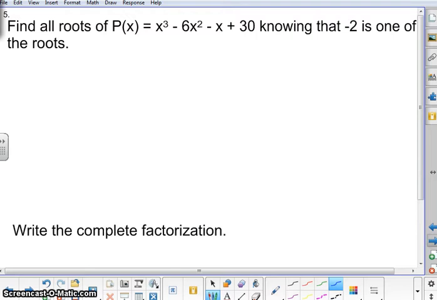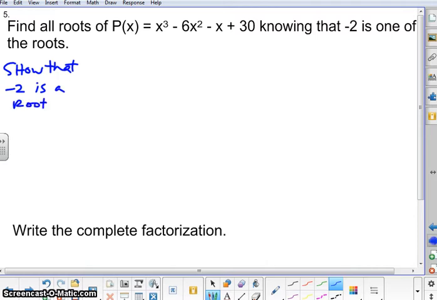On number 5, it's saying find all the roots of that polynomial, knowing that negative 2 is one of the roots. Okay, so you're going to see this in your classwork as well, so I'm going to write this down off to the side. We're going to show that the negative 2 is a root.